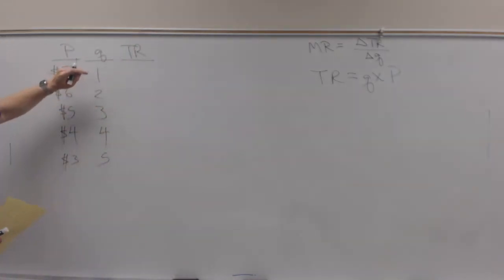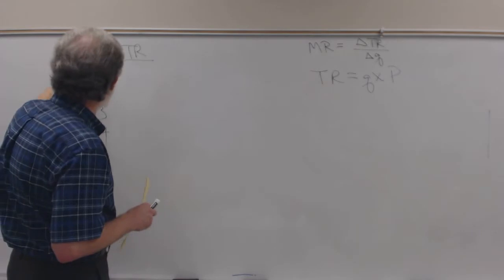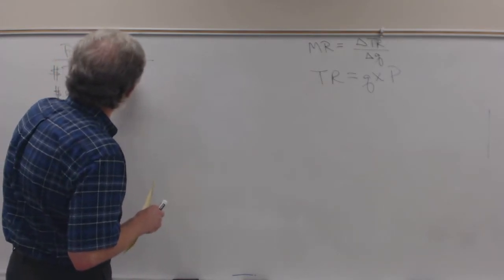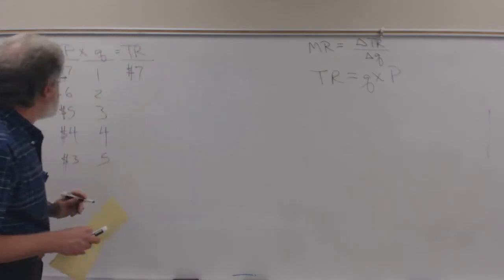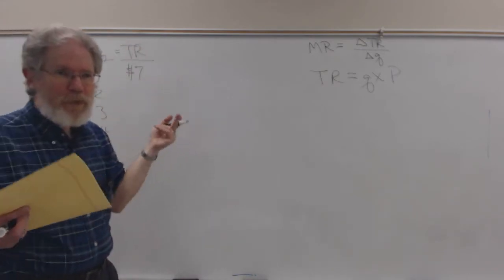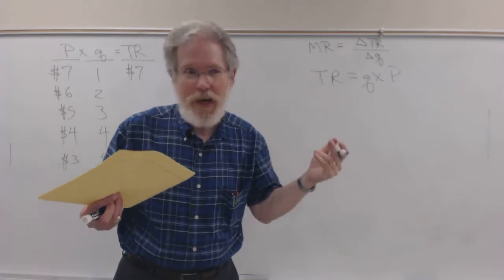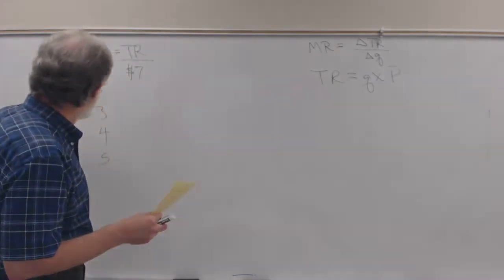If he wants to sell 1 unit, the highest price he can charge is $7. So his total revenue is going to be the price times the quantity. It's going to be 7. If he wants to sell 2, what does he have to do? Has to cut the price to $6.